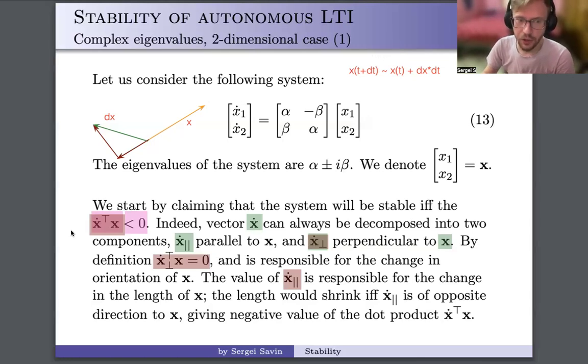So that is how I justify this claim. What you need to know is just whether x dot times x is negative. That is all you need to know about this equation. If it is negative, it is asymptotically stable. We can also try to make a claim that if this is equal to 0, it's marginally stable, but for now, I'm happy enough with just a statement about asymptotic stability.